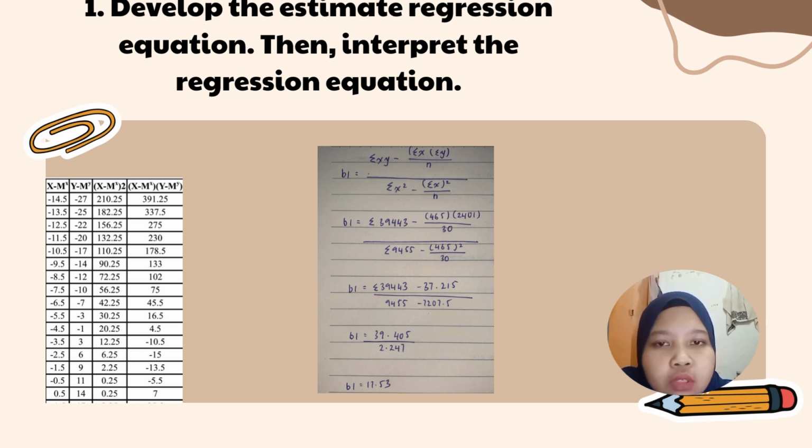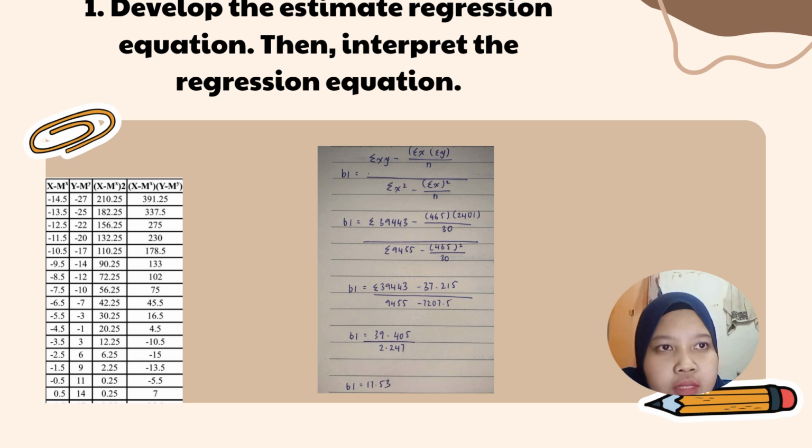I will continue about the formula B1: total xy minus bracket total X bracket total Y bracket divided by n, over total x squared minus bracket total X bracket squared divided by n.